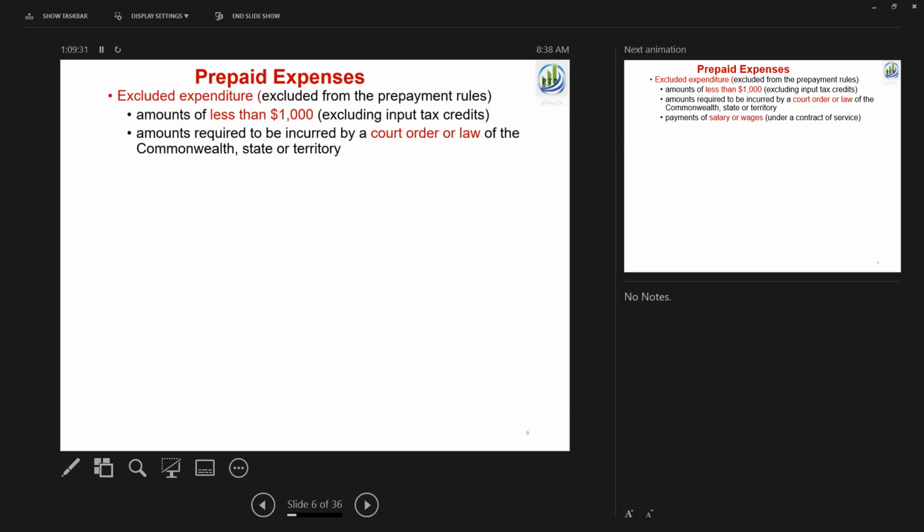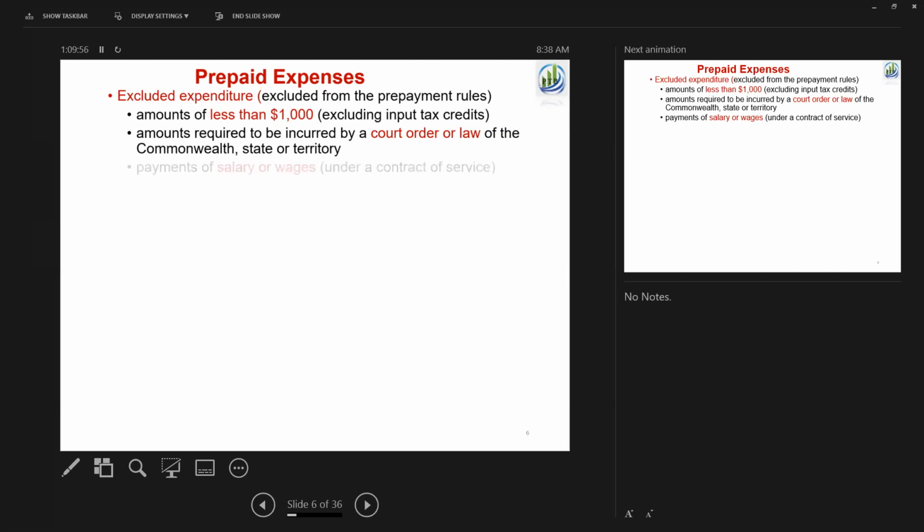Less than $1,000, or because of any legislative arrangement. So your land tax, your emergency levy, your council rates, everything will be deductible. Why? You satisfy that legislative requirement. Even if you paid in advance, everything can be deducted from your income tax. Right? That's called the excluded expenditure rule.